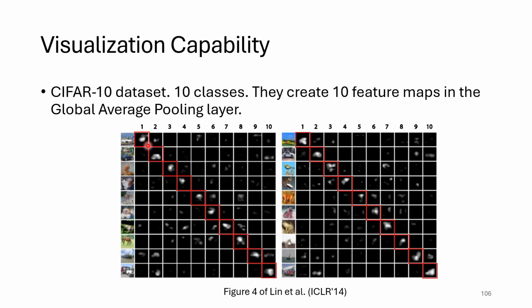But they only show the result on the CIFAR10 dataset, and they didn't show it as a heat map. So in 2014, Network in Network showed the capability to visualize each class. However, the experiment was only conducted on the CIFAR10 dataset.